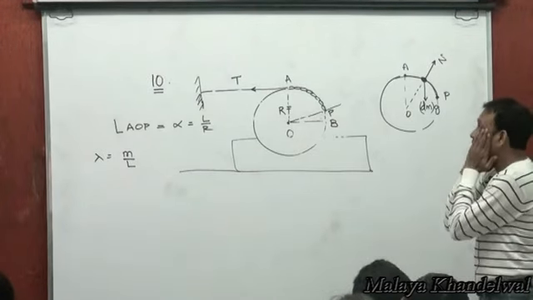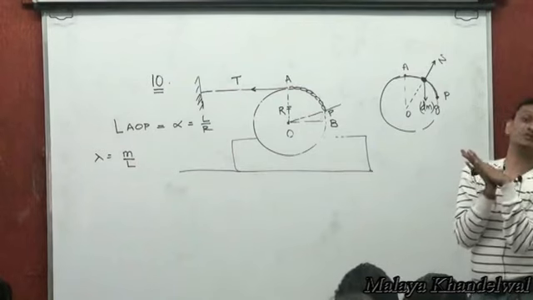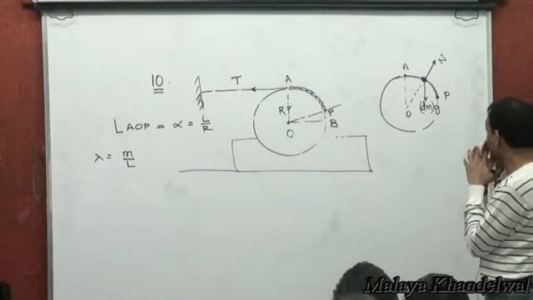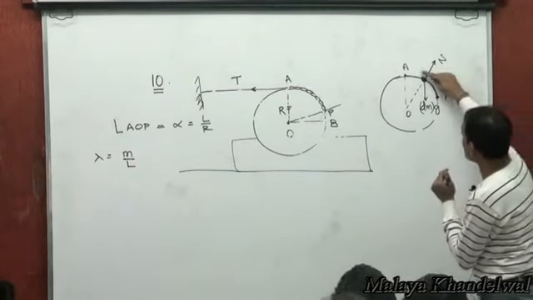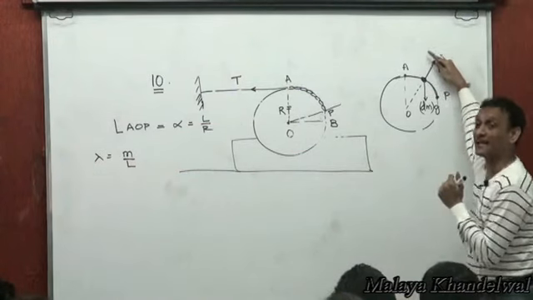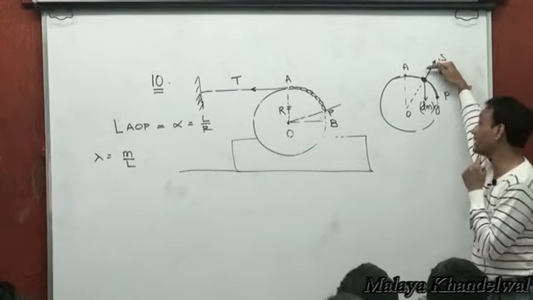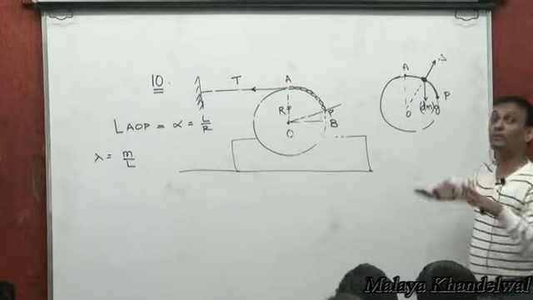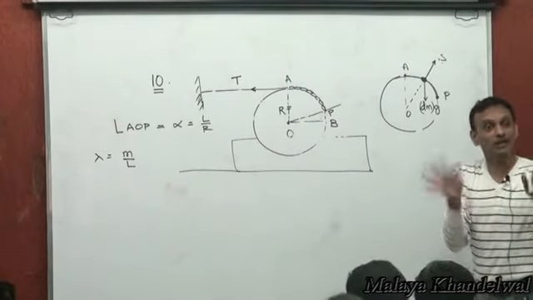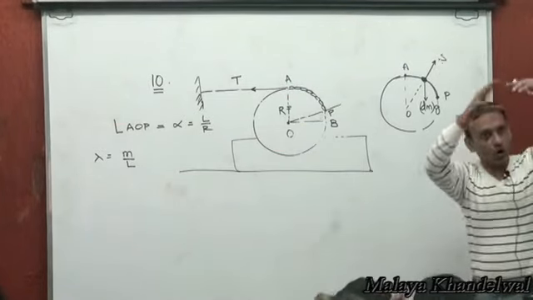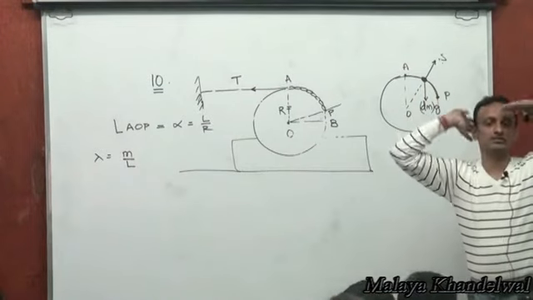Realize that it needs translational equilibrium as well as rotational equilibrium. The vertical components of the tension and the vertical components of the normal reaction will balance the weight.